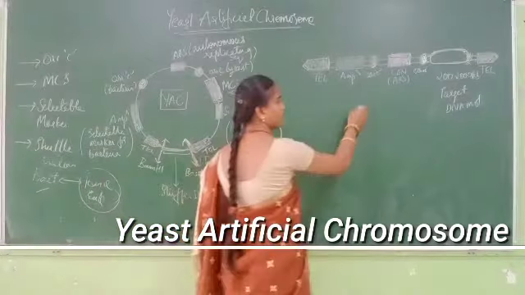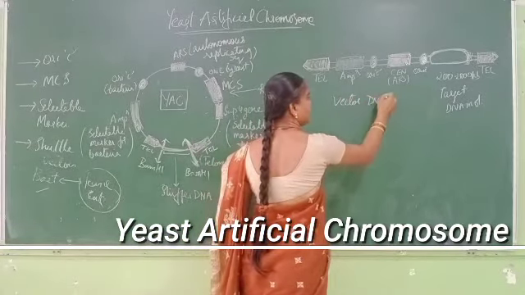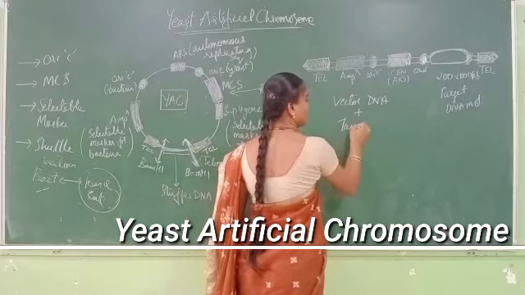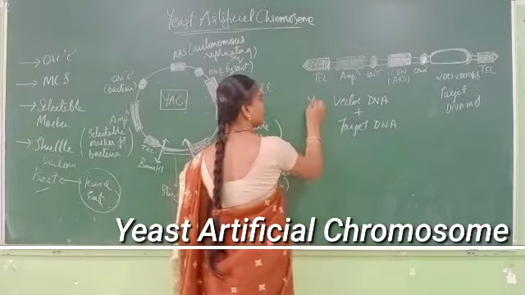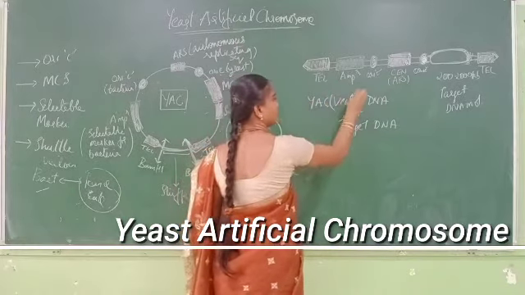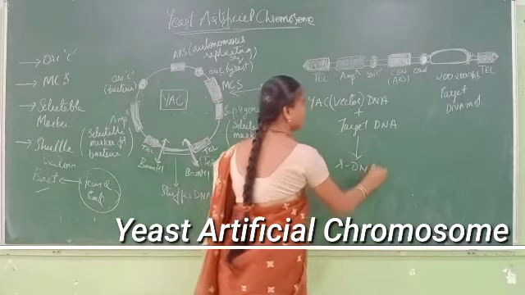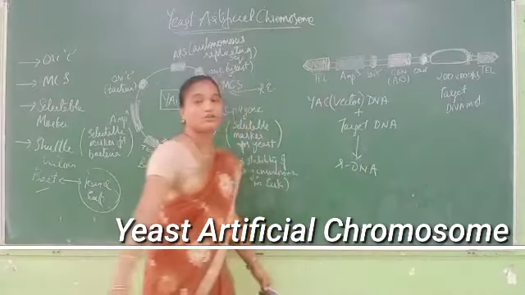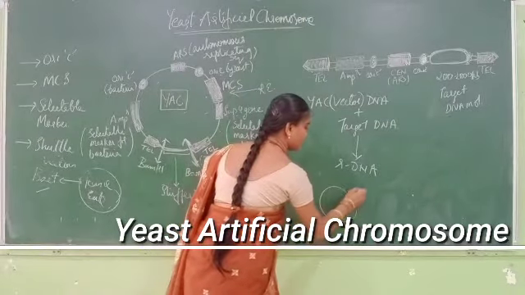So this total vector DNA, that is your YAC DNA plus your target DNA, which is nothing but your gene of interest, is your YAC vector, isn't it? This is nothing but rDNA molecule. This total rDNA molecule should get easily propagated in your yeast.